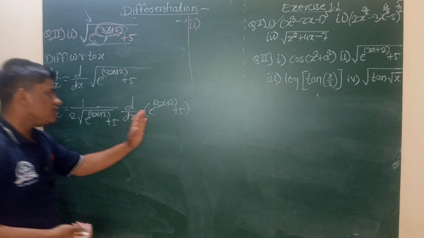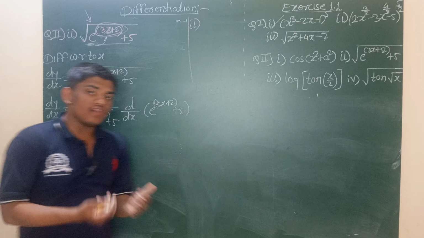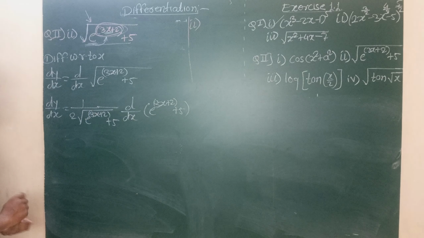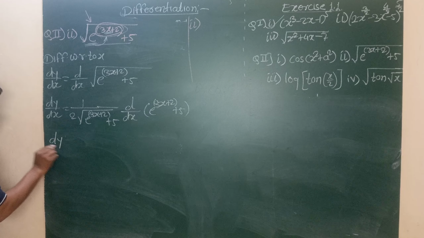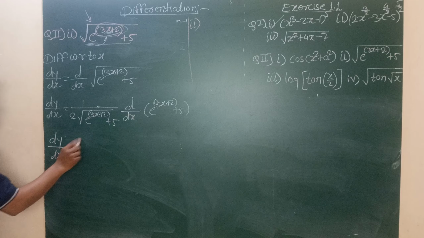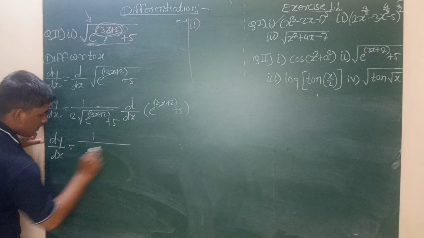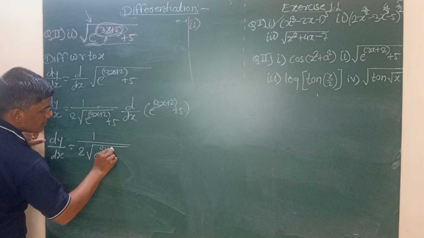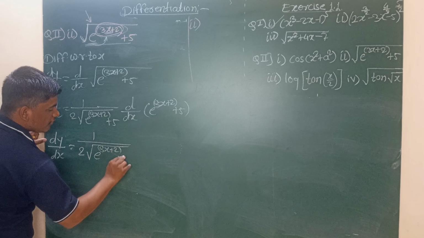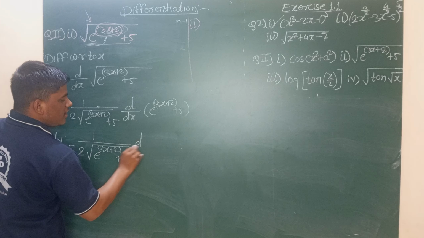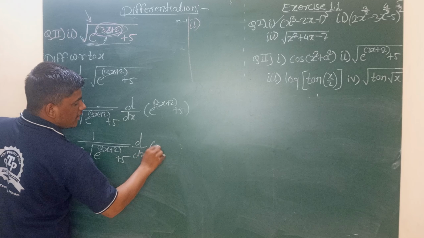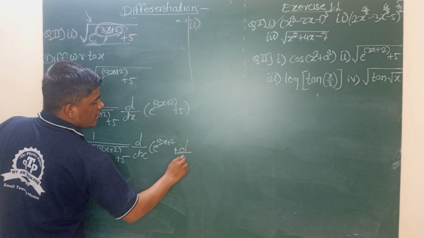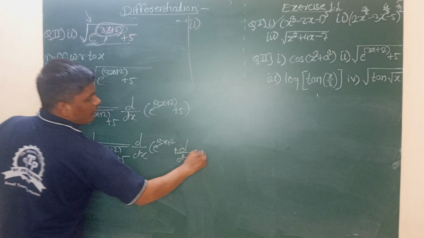The terms e raised to 3x plus 2 and 5 are separated by the positive sign, which means we apply separate differentiation. That means dy by dx is equal to 1 upon 2 into root of e raised to 3x plus 2 plus 5, into d by dx of e raised to 3x plus 2, plus d by dx of 5.